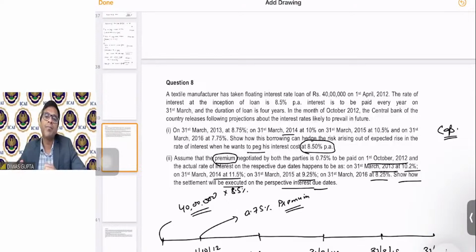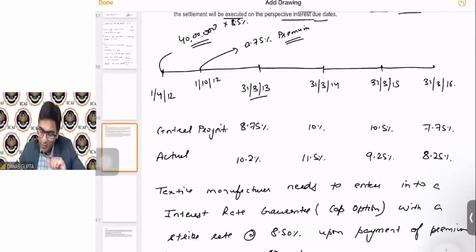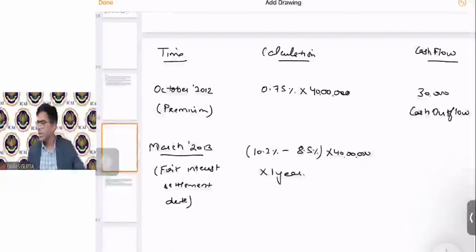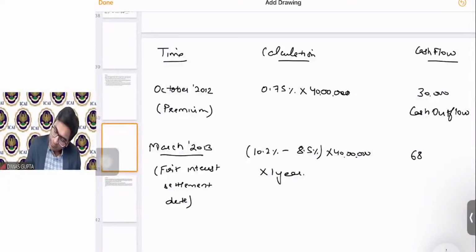When will that cap option give benefit to the textile manufacturer? In March 2013, the actual interest rate is 10.2, so the gain is 58,000. This is going to be our cash inflow, students.